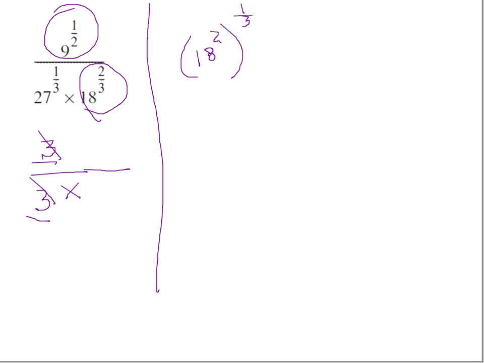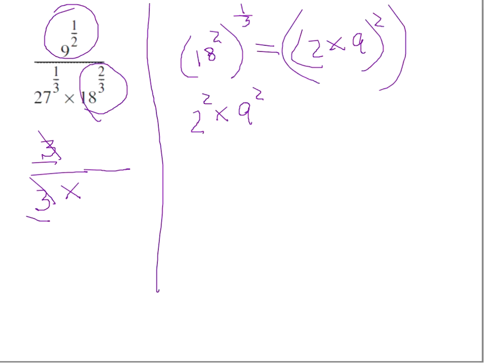So 18 squared, 18 is the same as 2 times 9. So that would be 2 squared times 9 squared. Okay, because instead of 18 we could write 2 times 9 and then squared and then to the power 1/3.